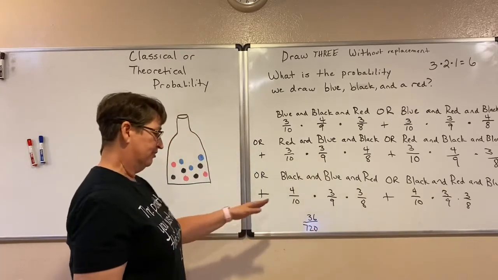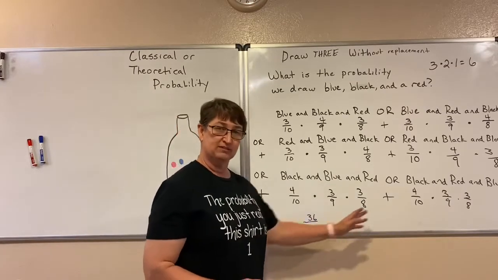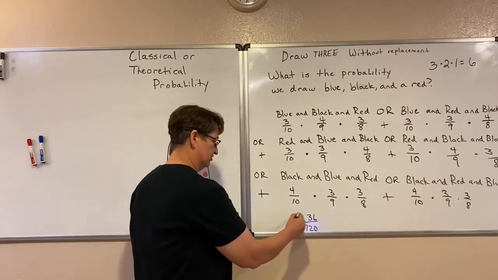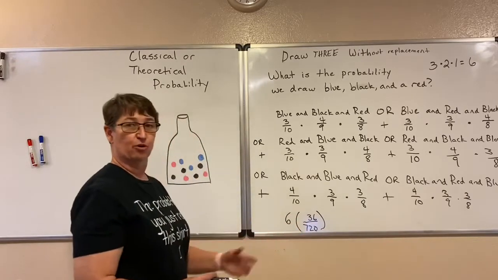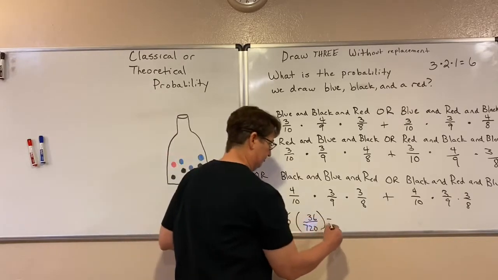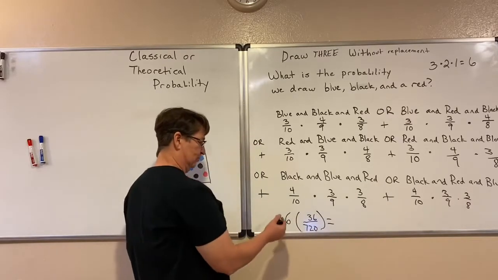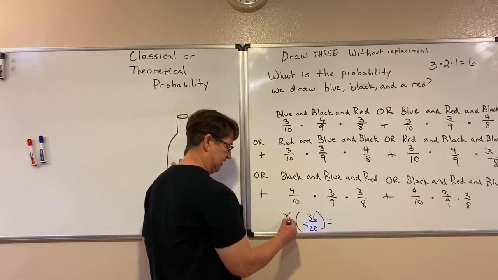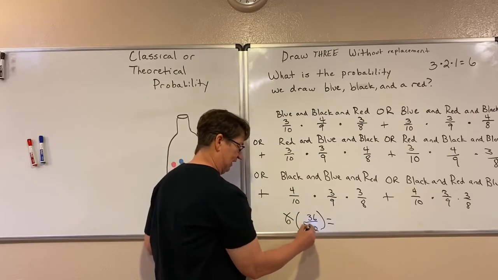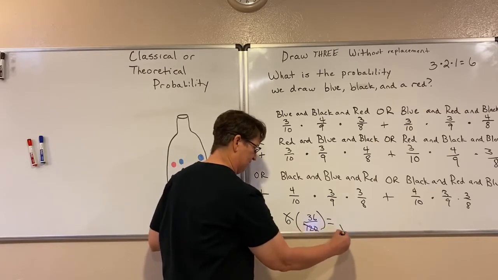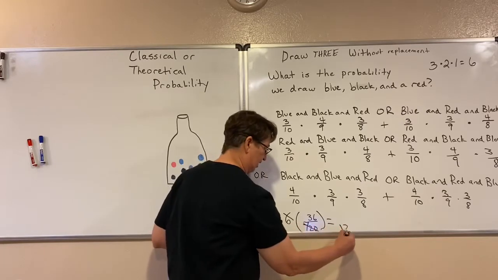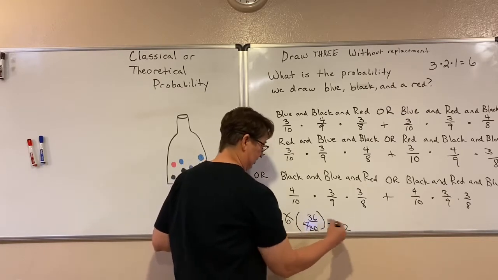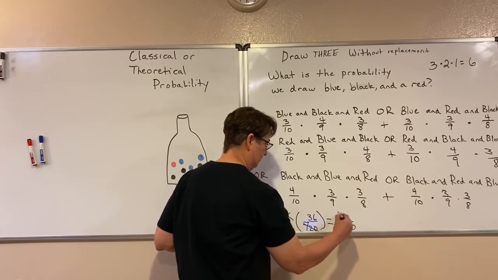Instead of adding 36 over 720 6 times, I could just take that and multiply it times 6, because there are 6 of them. Now, I could do a little bit of simplification here. 6 goes into 720. Well, it goes into 7 one time with 1 left over. It goes into 12 2 times with 0 left over, and then it goes into 0 0 times.